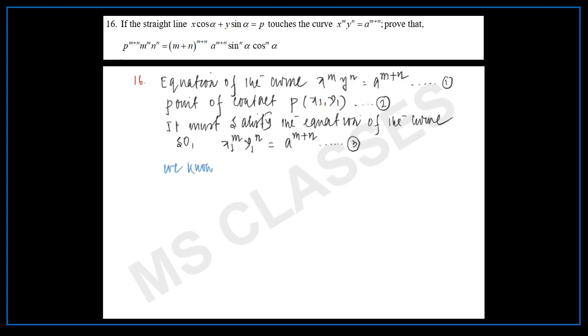We know the slope of the curve at P (x1, y1) is equal to the slope of the tangent.